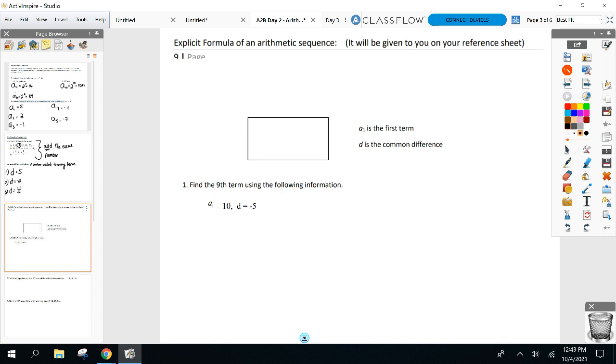That's the formula we're going to use to write an explicit formula: a sub n equals a1 plus n minus 1 times the d value. Anytime we're dealing with an arithmetic sequence, this is the formula we're going to use right off the formula sheet. No need to memorize it. I'll give it to you.